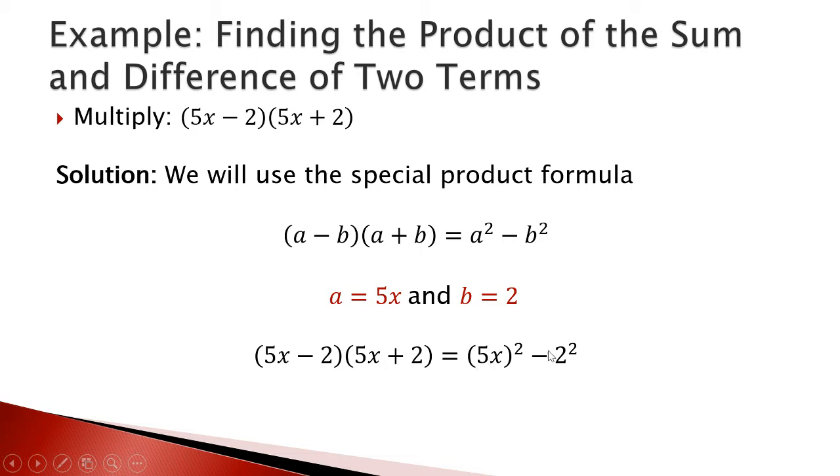Then we have to subtract the square of the second term. So we can write it as 5x whole thing squared minus 2 squared. So it will give 25x squared minus 4.